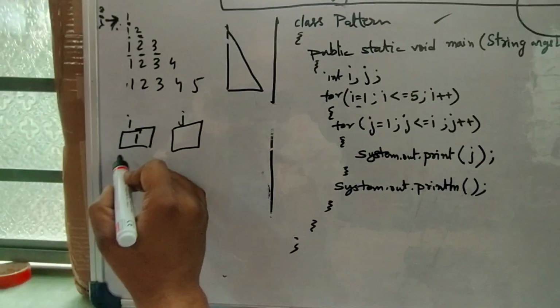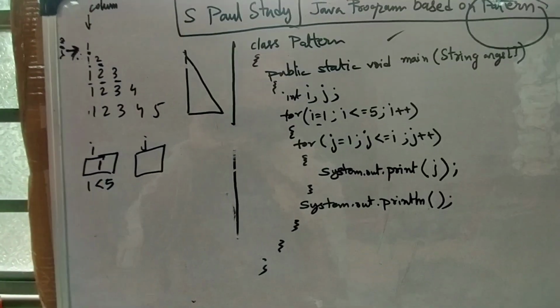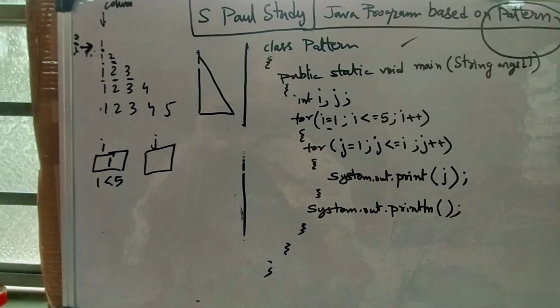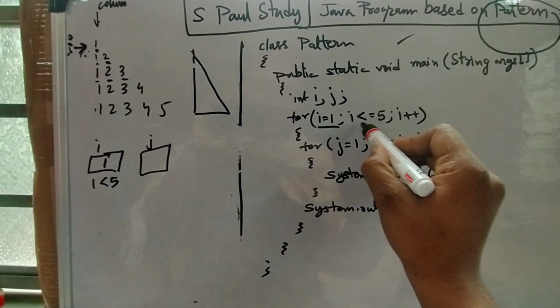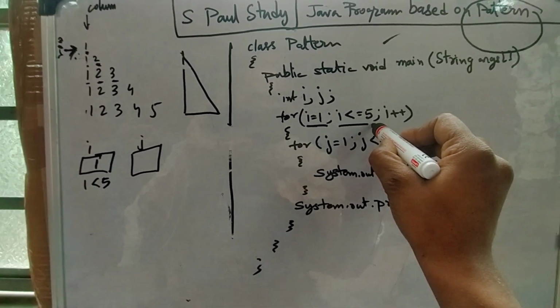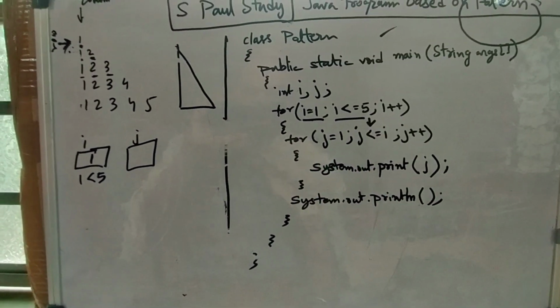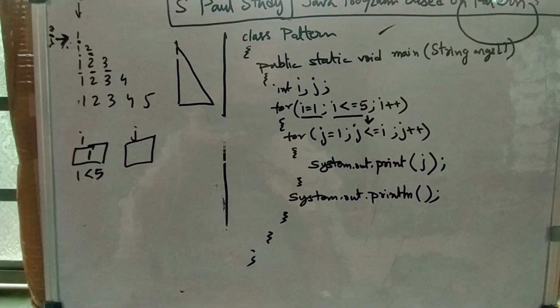Yes, fine, 1 is less than 5. Then I is increased by I plus plus. So initialization and then condition check, and then for the for loop, the pattern is such that it will go down, it will not increment. The incrementation part will come later.